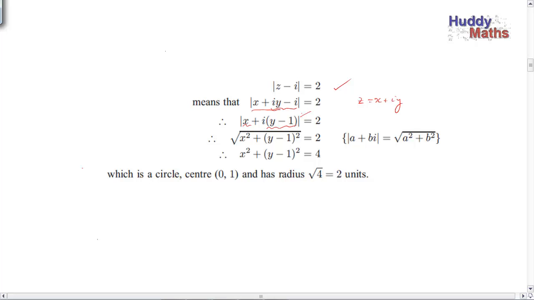Now we want the length of the vector, and remember here's the rule: the length of the vector a + bi is the square root of the real part squared plus the imaginary part squared. So we're going to do it here: the root of x² + (y − 1)² equals 2. Do you recognise that as a circle, centre (0, 1) with radius root 4, that is 2 units?